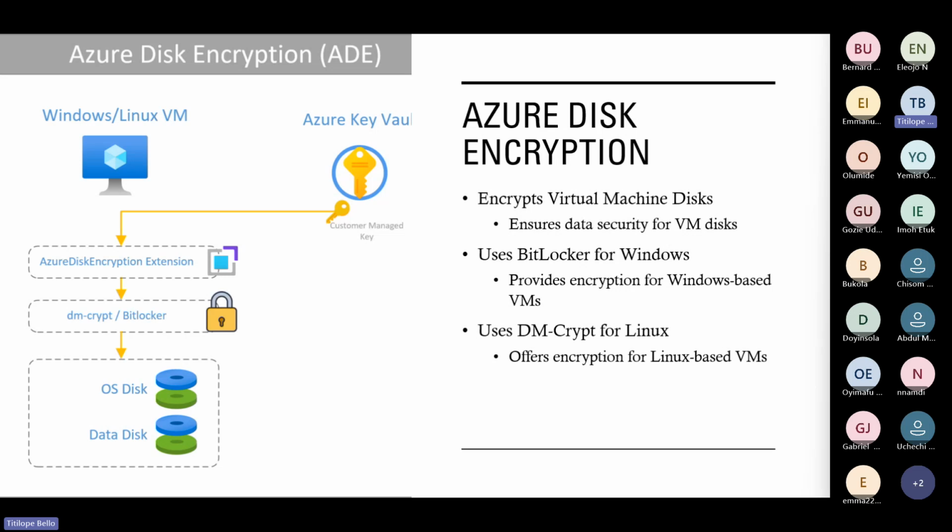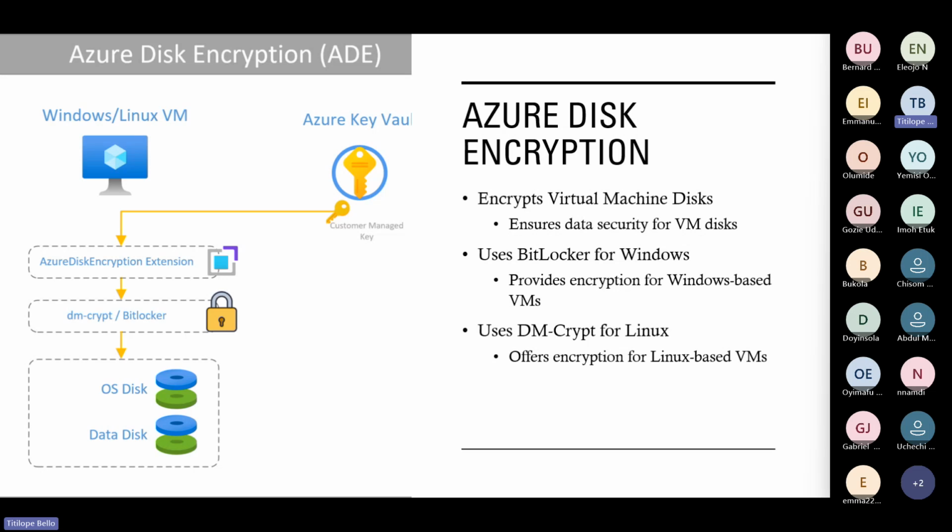And like I said earlier, if you are encrypting a Windows machine, a Windows disk, right, you will be leveraging the Microsoft BitLocker feature. While if you are encrypting a Linux virtual machine, then you'll be leveraging the DM-Crypt feature of Linux to protect at volume level, right?